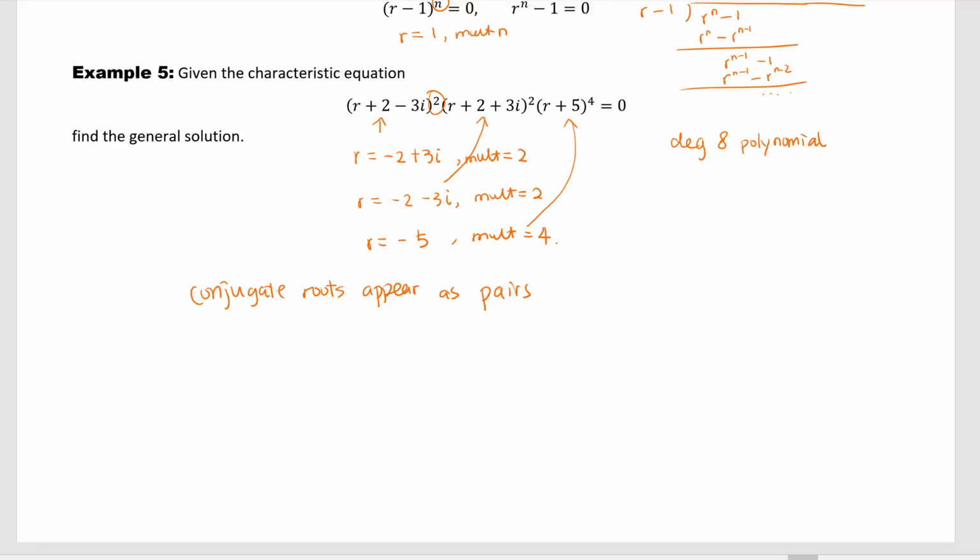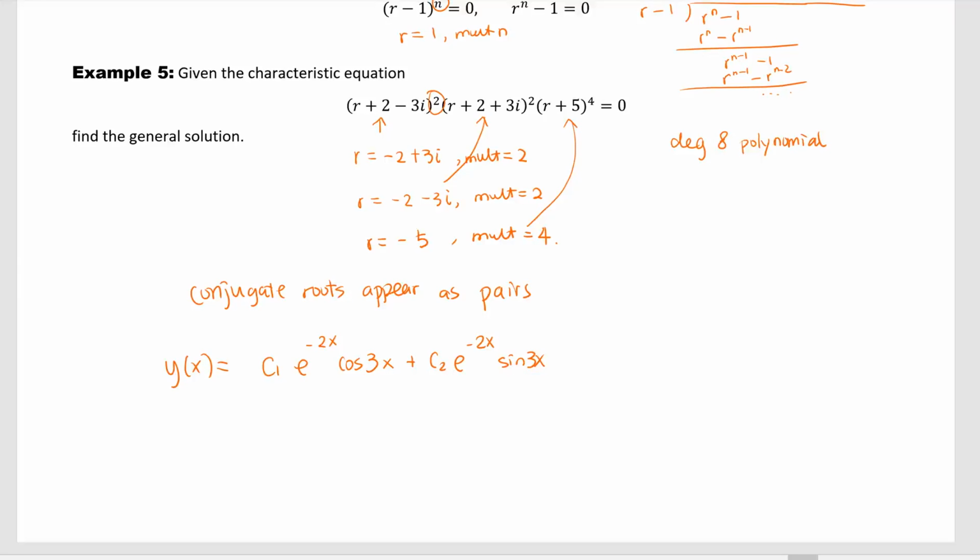So if we have a pair of minus 2 plus 3i and minus 2 minus 3i, our solution will be c1 e to the real part, negative 2x, times cosine of the imaginary part, 3x, plus c2 e to the negative 2x sine 3x. This is what the complex conjugate pair will give us.